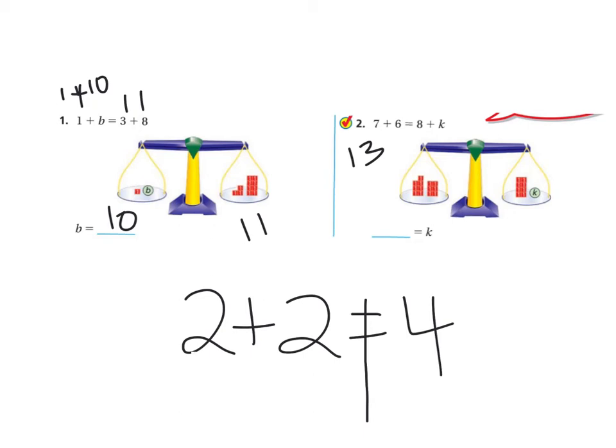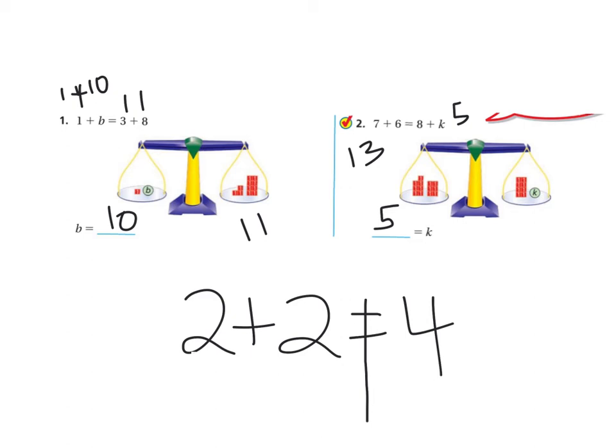I know 5 does, so if I put a 5 in there, 5 plus 8 also gives me 13, so k is going to equal 5. Really and truly, this is not too bad. Especially when we're starting out with basic equations, you're thinking about fact families or related number sentences.